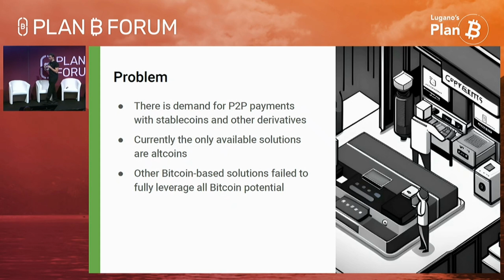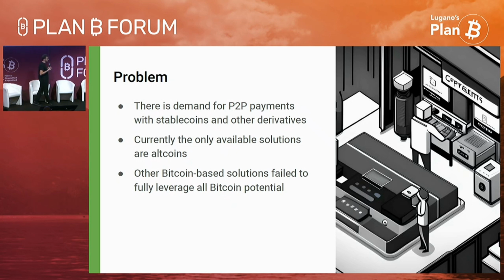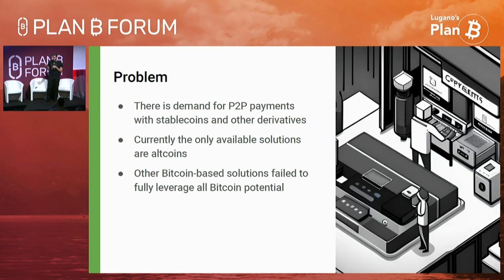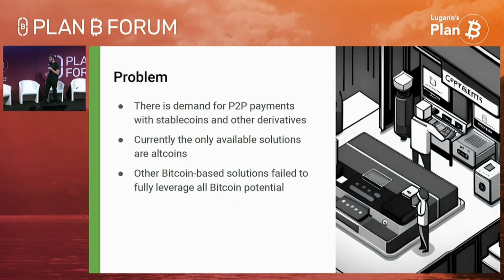They were developed in an era where scalability was not an issue because all blocks were empty. Privacy was not really an issue because everybody thought that Bitcoin was perfectly anonymous by itself, and Lightning, Segwit, and Taproot didn't exist, so they just couldn't leverage all the evolution that Bitcoin had over the years.